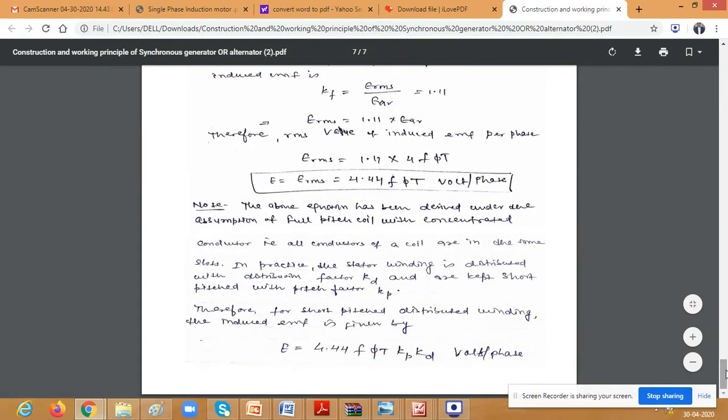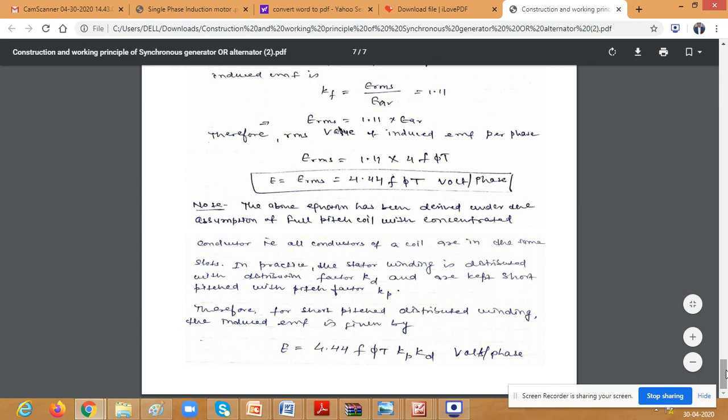But this derivation was made under the assumption of a full pitch coil with concentrated conductors, which means all conductors of a coil are in the same slot. In practice, the stator winding is distributed, not in the same slot, with a distribution factor Kd, and is kept short pitched with a pitch factor Kp.